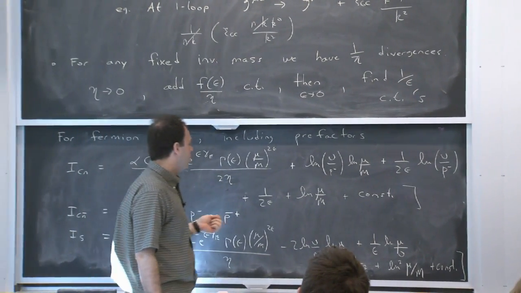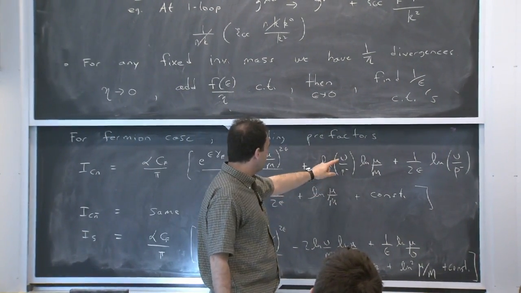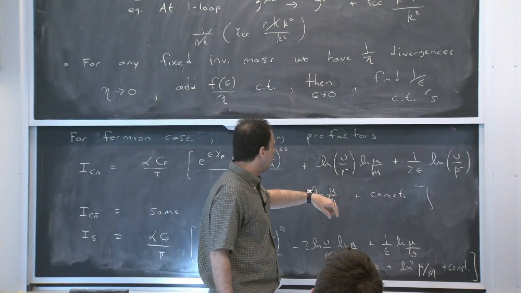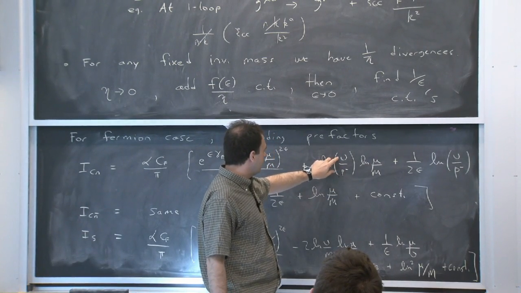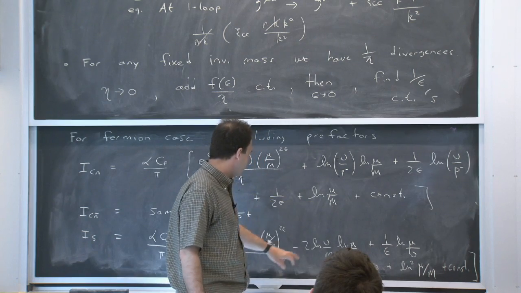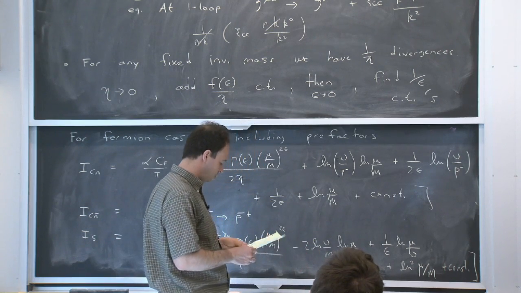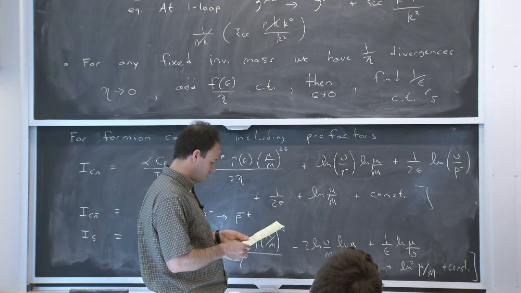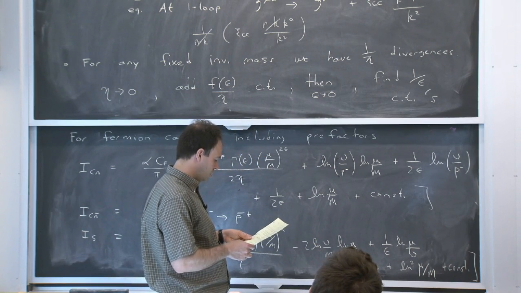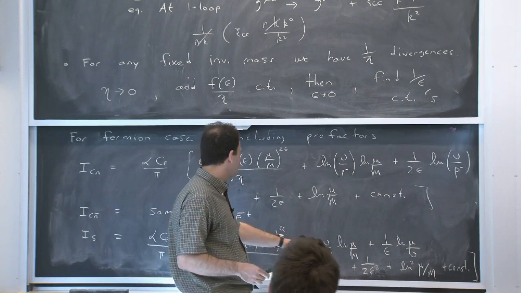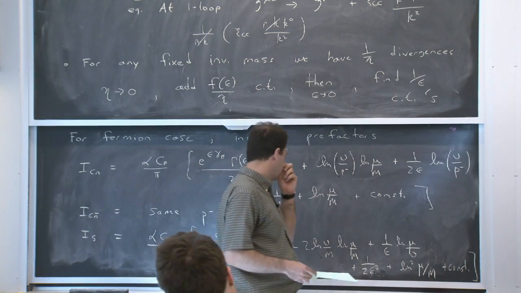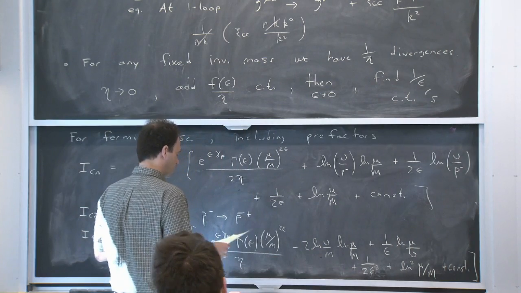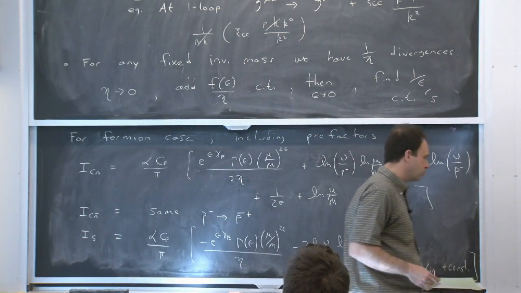Because if you look at the types of logs that are showing up here, in this case, we have a ν over p minus, and in this case, we have a ν over m. We also have a μ over ν.